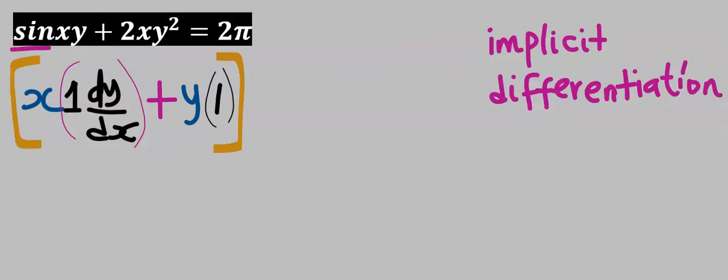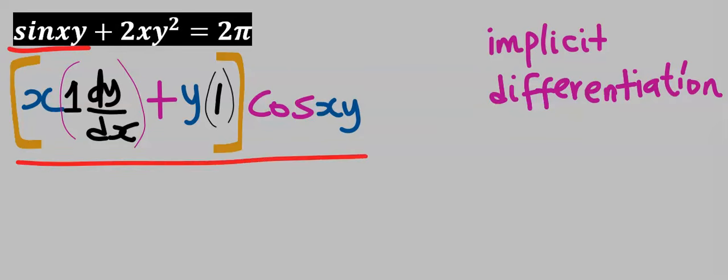Next, let's differentiate sine. And we're going to get cos. Next, we're going to recopy back x and y according to chain rule. Now we are done with this and have obtained the derivative.